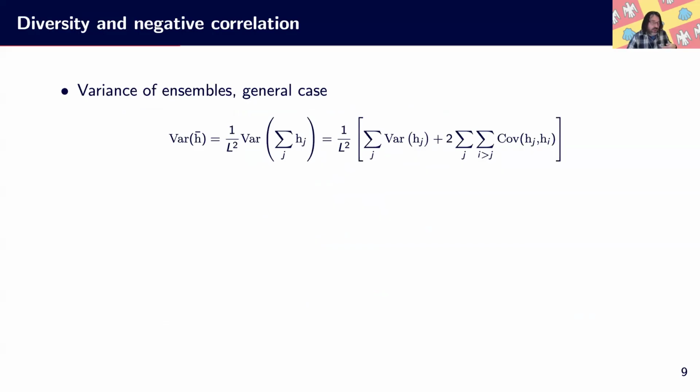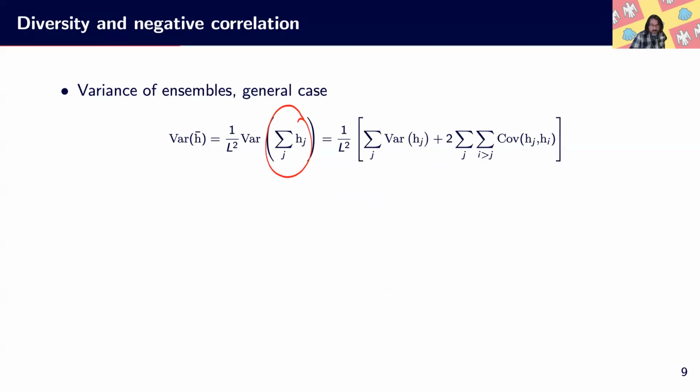If we go with the general case, where we cannot assume the IID hypothesis on the individual models, then the variance of the ensemble is equivalent to 1 over L squared times the variance of the decisions made by each member of the ensemble.